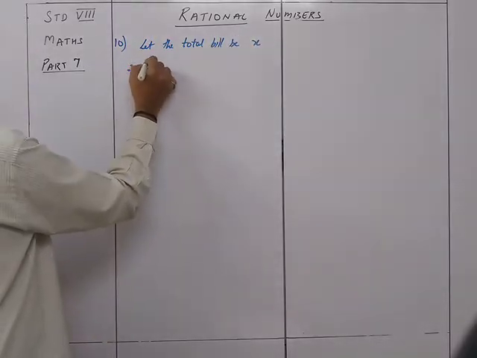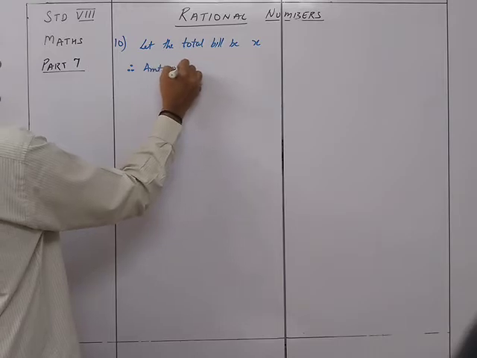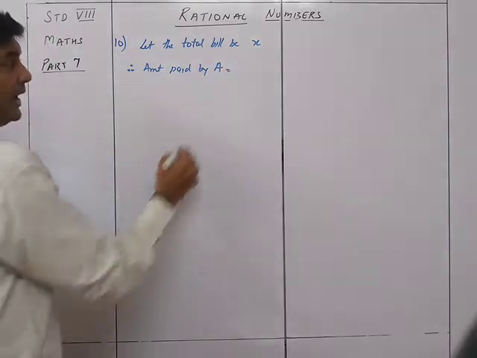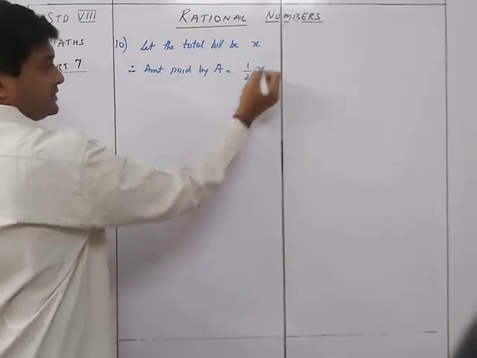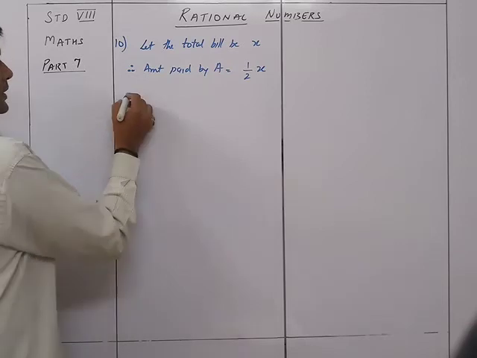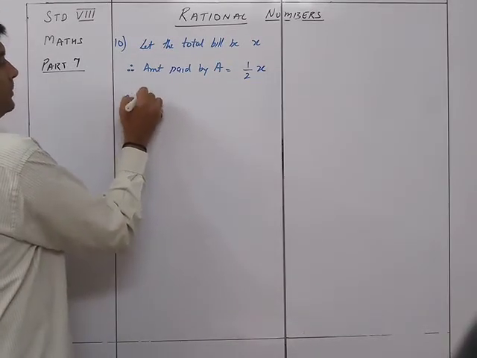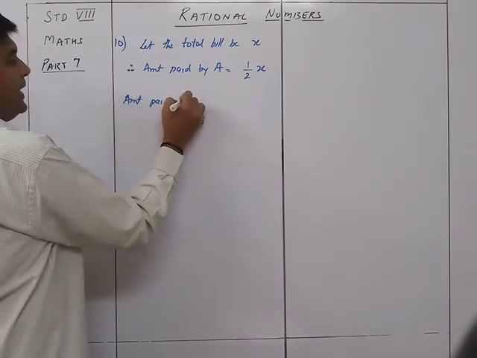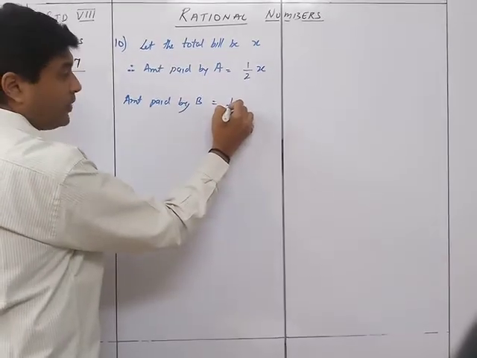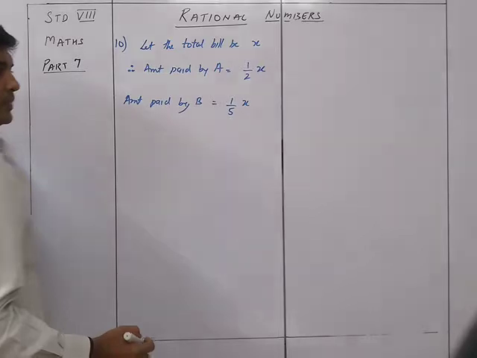Therefore, amount paid by A is equal to half X, because he paid half of the amount. Amount paid by B is equal to 1 upon 5X.